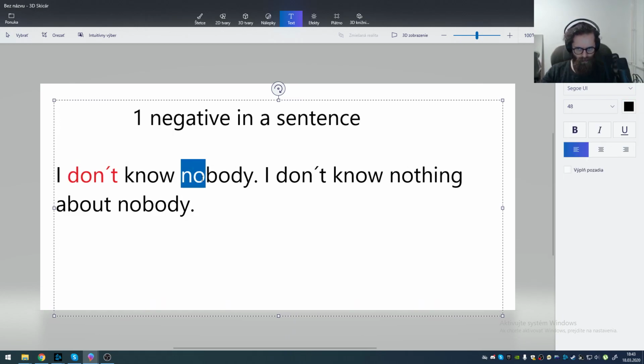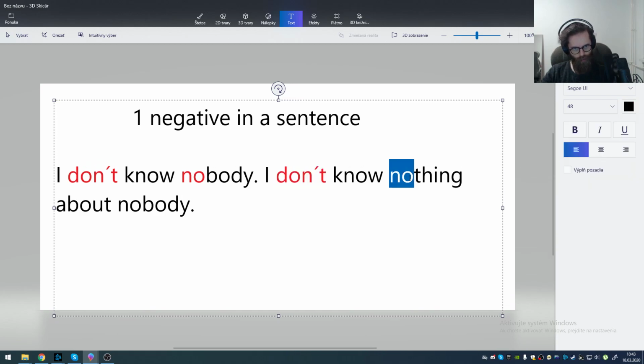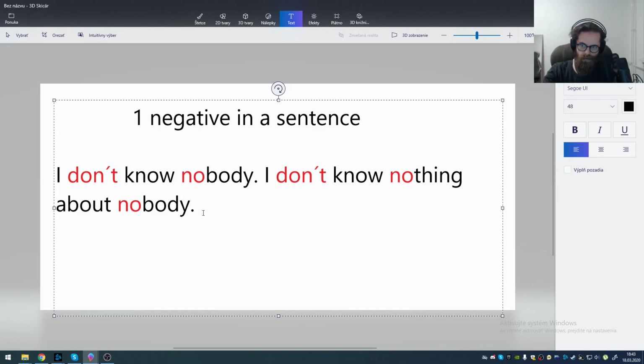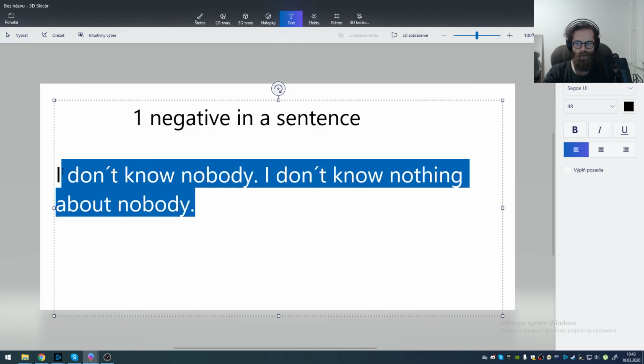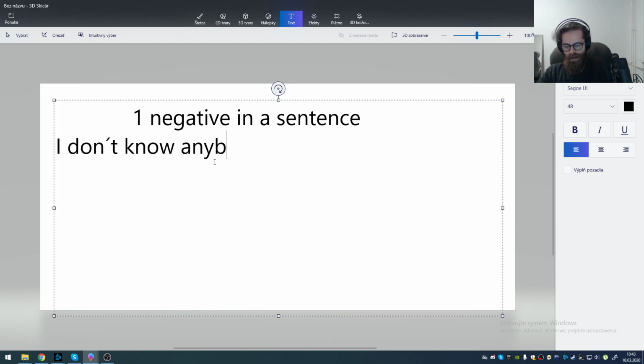No, well, this probably tells you that there is some negative as well. Here the same thing. What the hell am I doing? Look at that. No. Oh, I'm getting overwhelmed by these no's. This is obviously wrong. See? Magic. I don't know anybody.